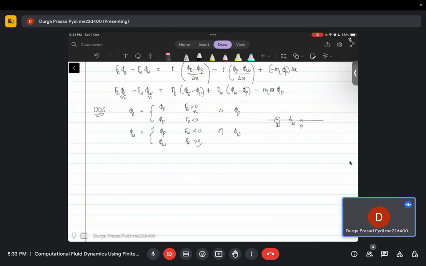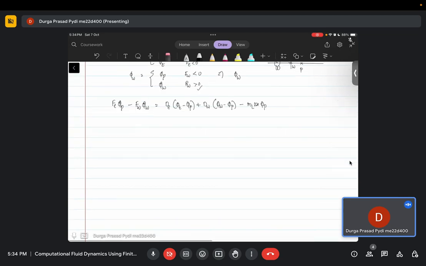So if we write those equations, we have Fe times phi p minus Fw times phi west. Now if we group the terms together to write in the standard form, we have AP phi p is essentially sigma A nb phi nb plus b.